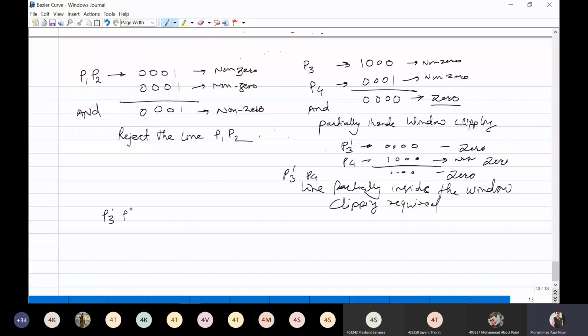So you will get 0, 0, 0 and 0, 0, 0, 0. Again, the AND operation, you will get answer 0. So all are 0. So line P3 dash and P4 dash will be accepted.